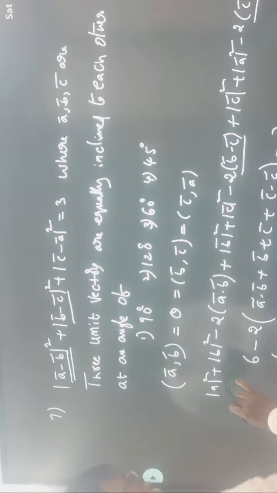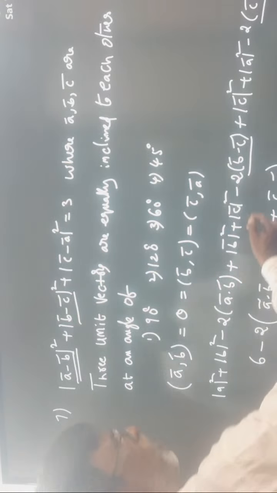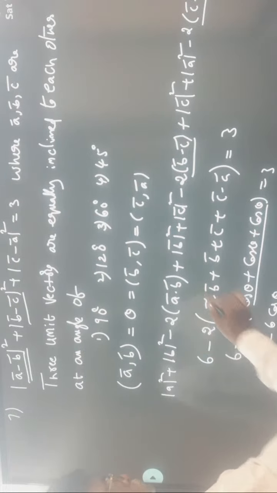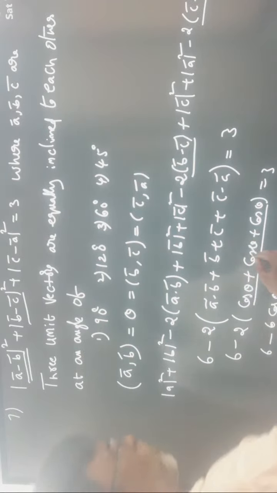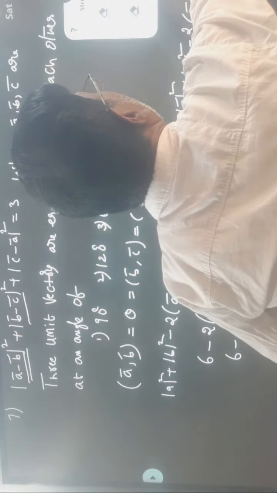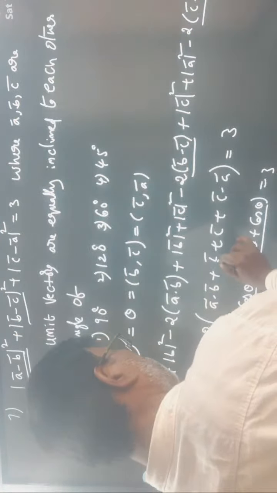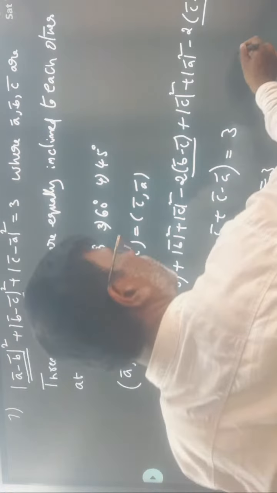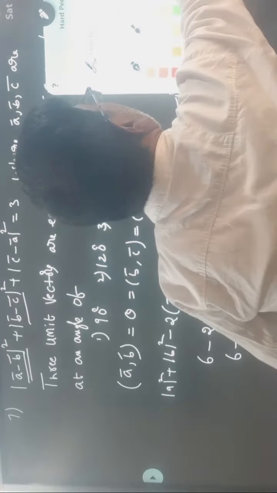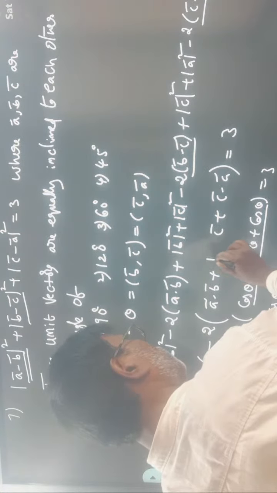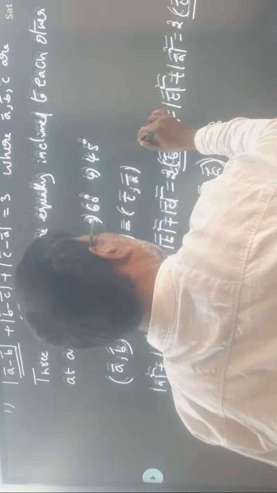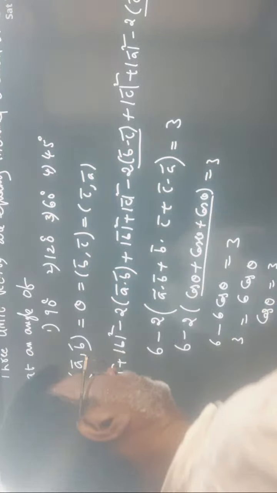So mod a square is 1, 1, 1, here 1, 1, here 1, 1, giving 6 minus 2 into a dot b, b dot c, c dot a, equal to 3.